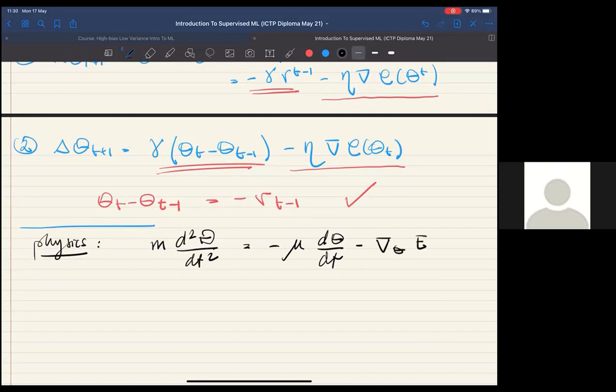And here is the energy function, okay? So what does this equation of motion represent? Which term? This? This is a drag, yeah. This is a viscous term, right?